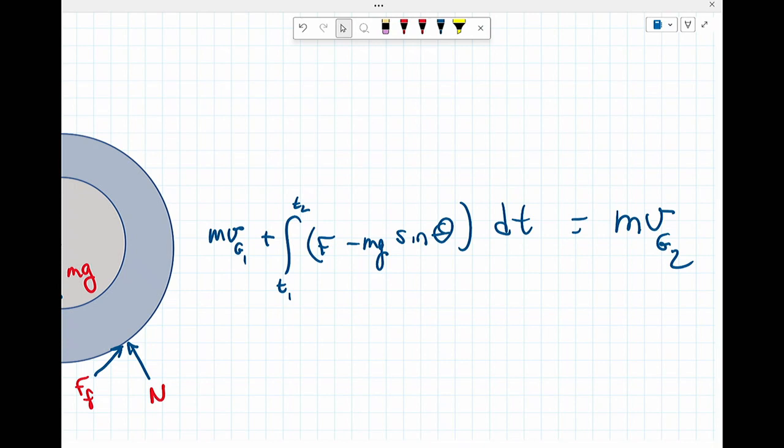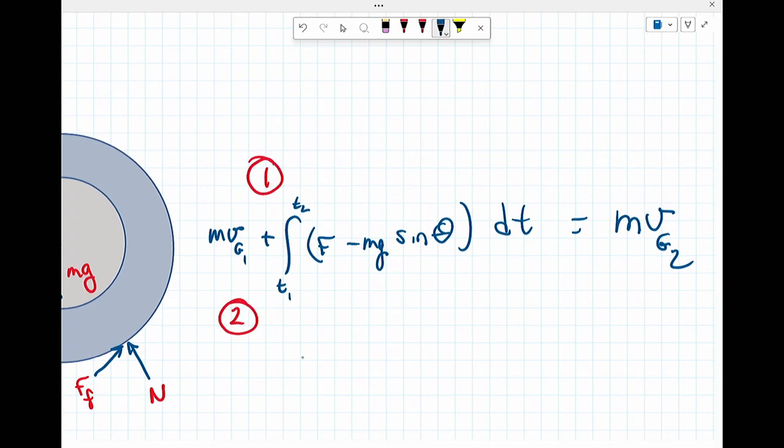It's not moving up and down relative to that y-axis, but it is moving up and down the ramp, so in the x direction. So VG1, VG2, all of that. And so that will be my equation 1.